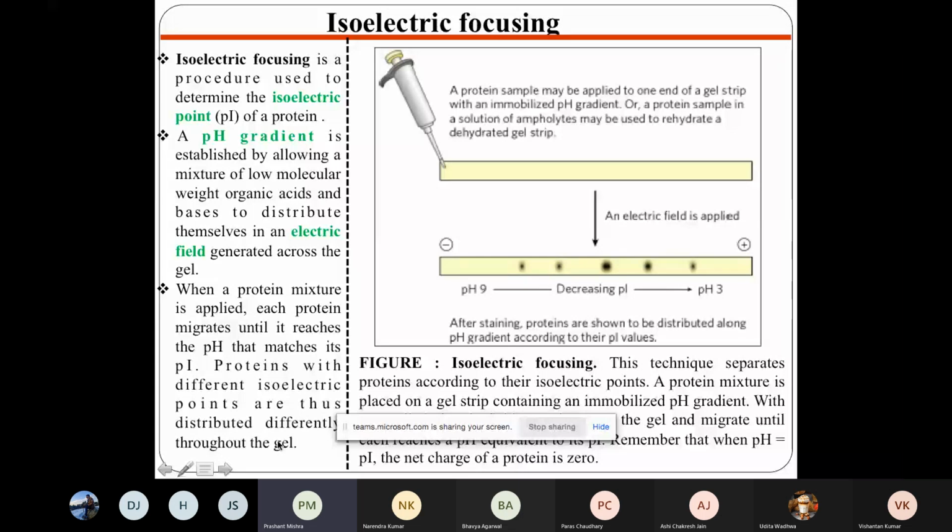So this is another technique by which you can separate protein at a very, very low quantity, because it is an extremely sensitive method. Very, very small quantity of protein is being purified by this technique, and you can separate proteins which are not separated otherwise using molecular weight.